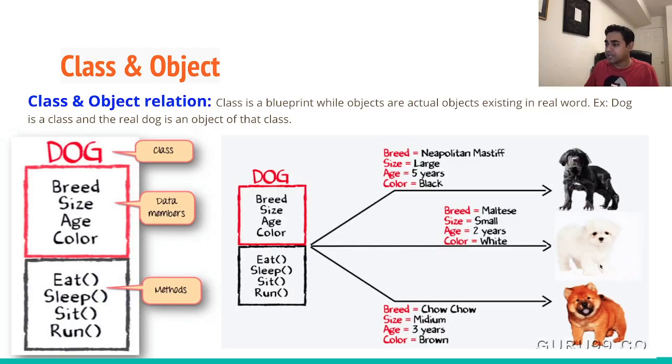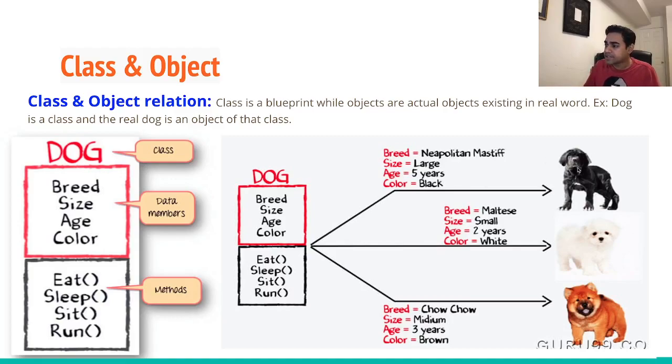Similarly you can have multiple dog objects based on this dog class, right? Each and every object will have its own entity, meaning its own properties. It's a clone, each dog based on the class has the same properties, but the values of the properties will be unique, will be different.